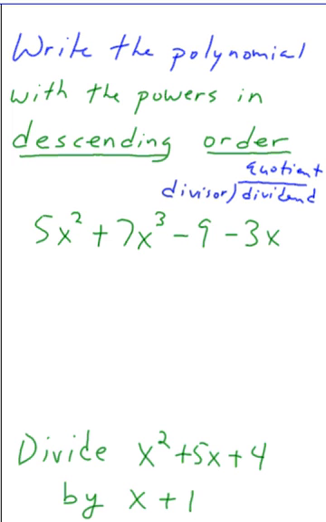So what would be the first term? 7x cubed plus 5x squared minus 3x minus 9. Remember, any subtraction goes with the number.